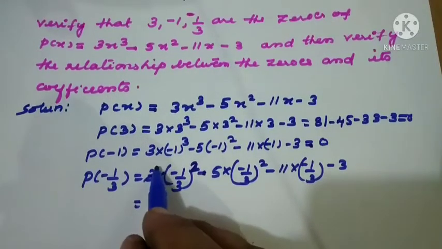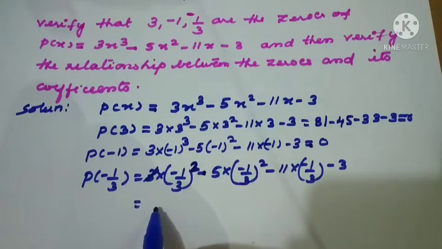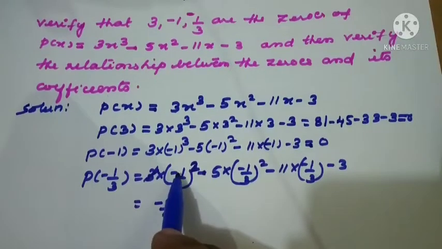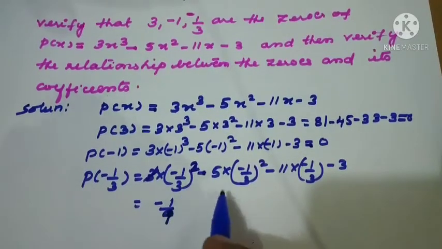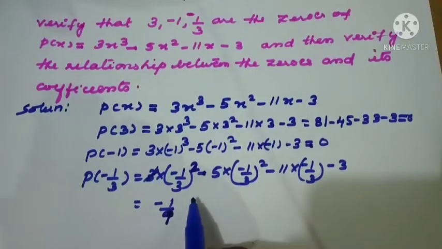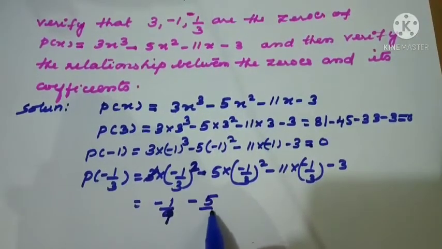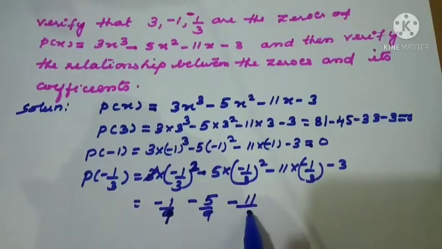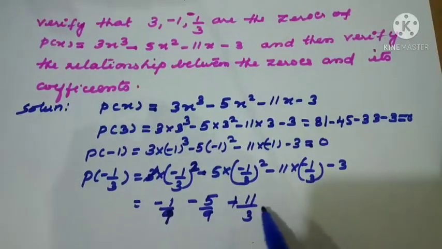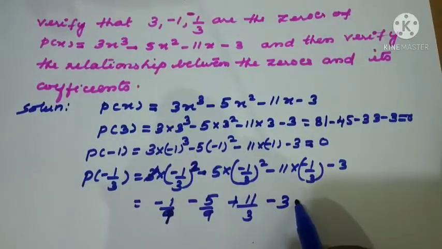So what happens here, 1 by 9 only, because it's 1 by 27 with a minus sign, right? Now minus 5 by 9, minus 11 by 3 becomes plus 11 by 3, and minus 3. If you take the LCM, you will get it cancelling and again you will get 0.